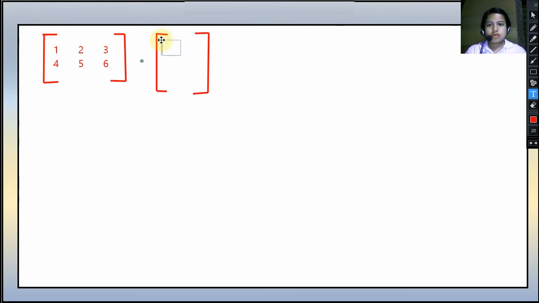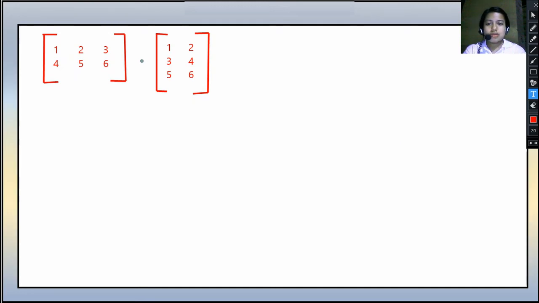We have here 1, 2, 3, 4, 5, 6. So these are the entries of our matrices.